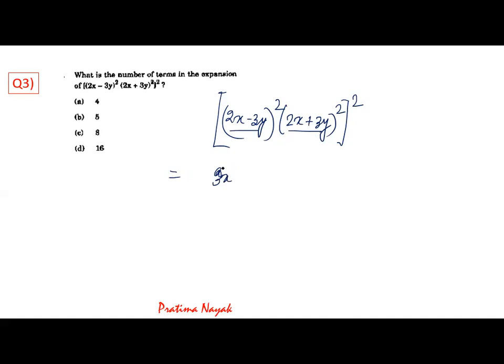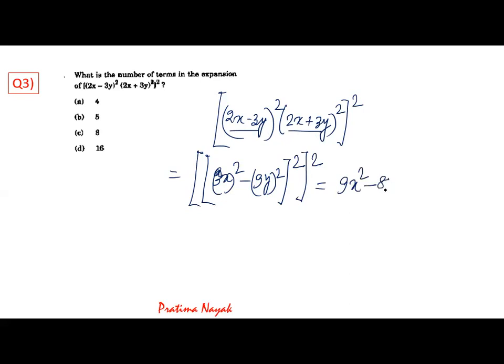So you get (3x) whole squared minus (9y) whole squared, and again a square, again a square. So this will be (9x squared minus 81y squared) to the power 4. So how many terms does it have? 4 plus 1, that will be 5 terms.